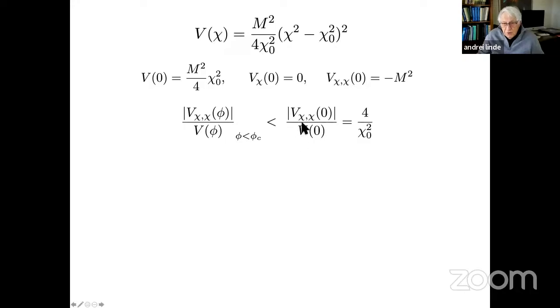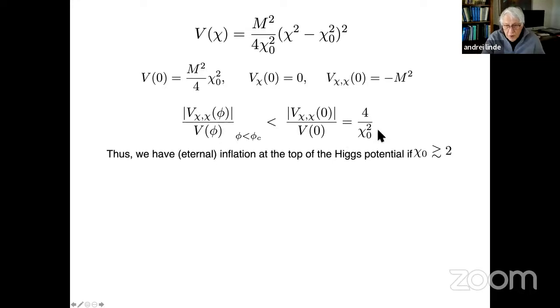And the second derivative divided by V is equal to 4 divided by chi 0 squared. So the inflationary conditions, the slow roll conditions, are satisfied, because at the top of V(chi) the first derivative with respect to chi is equal to 0, and for the second derivative, if chi 0 is greater than 2, then you have another slow roll condition satisfied, so you have inflation.